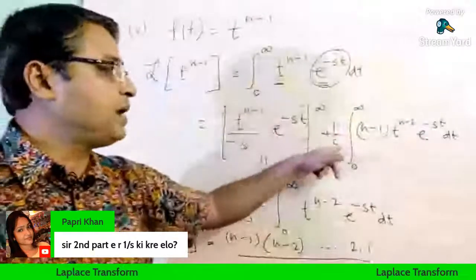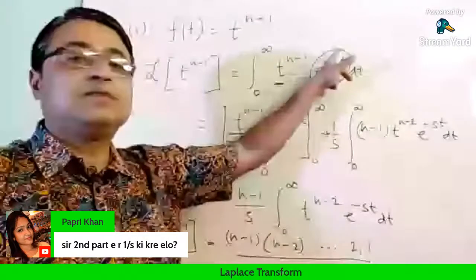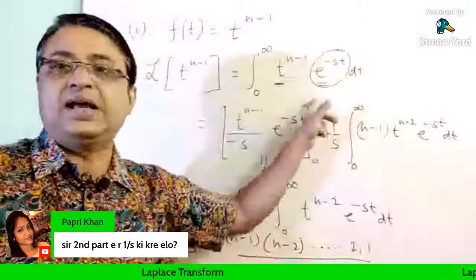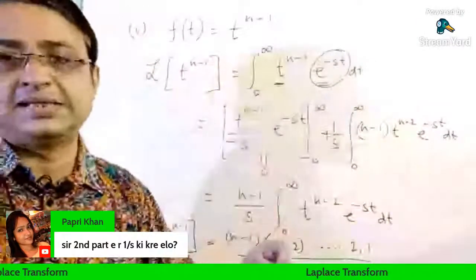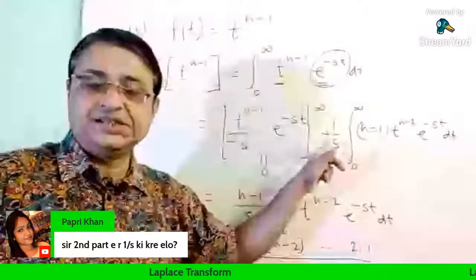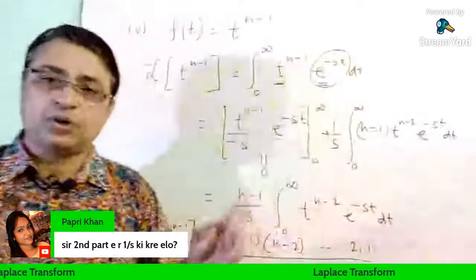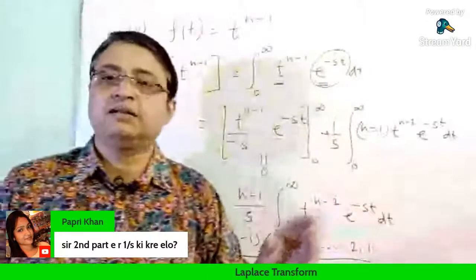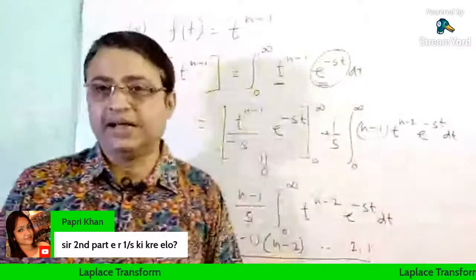So the integral of the second becomes e to the power minus of st, means you have minus of 1 by s, and here initially there was a negative sign, so they become a product of positive sign, a minus of minus 1 by s, so it becomes 1 by s. Okay?